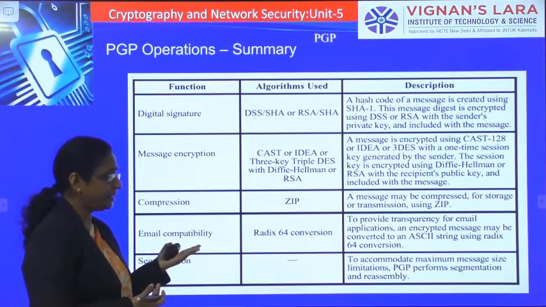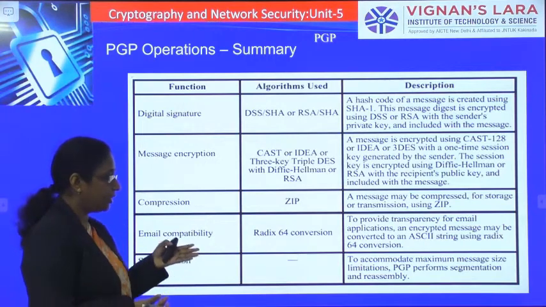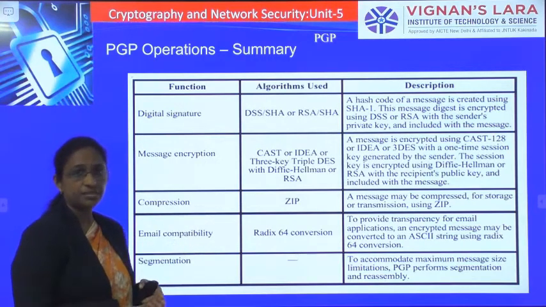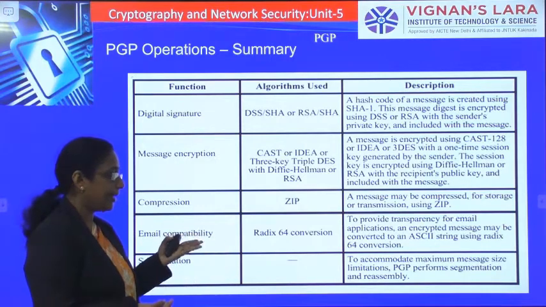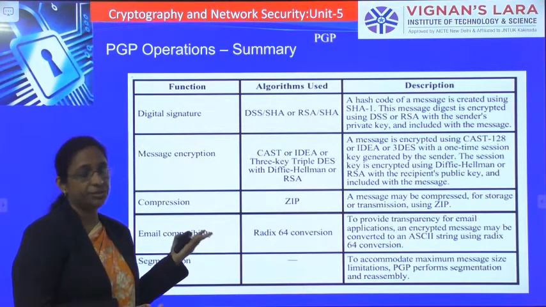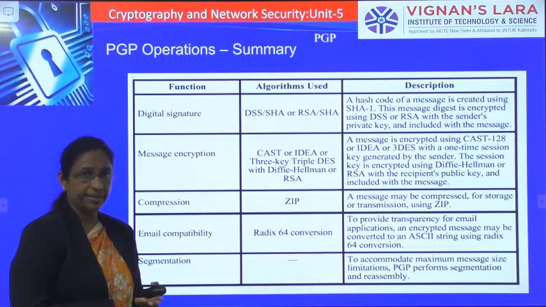That binary stream has to be converted into printable characters. To do that, we will be using the radix 64 conversion, by which PGP converts the binary data into printable characters.